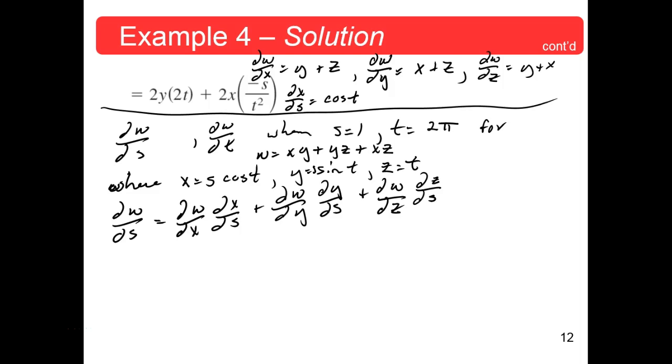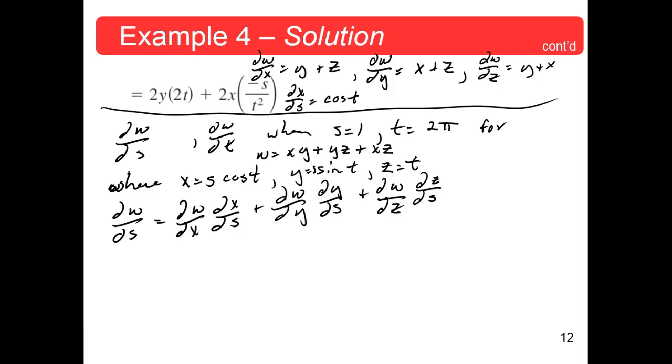Because if you plug this in right at the beginning, this would be 1, this would be 0, and this would be 2 pi. Then you do all this stuff, and it'll all be 0, because these would be constants. So you have to do the partials with respect to the variables, then plug in what the variables are. If you plug in the variables too soon, you don't have anything to take a partial of. They're all constants. So that's why I don't like the way it's worded.